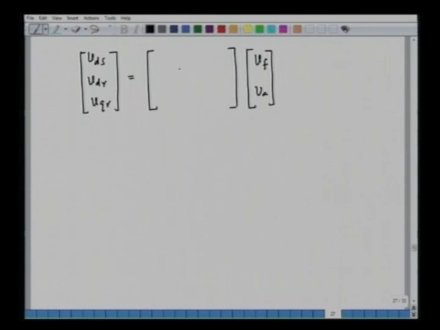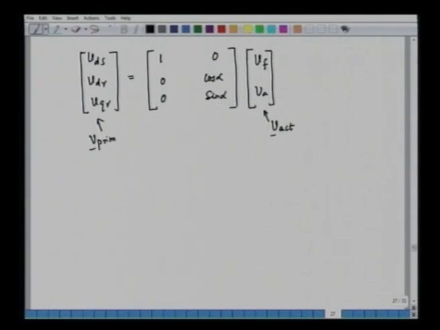So, we will have here VDS equal to VF, VDR is VA cos alpha, and VQR is VA sin alpha. So, this is our matrix which relates the primitive variables. This is V primitive, and this is the V actual.